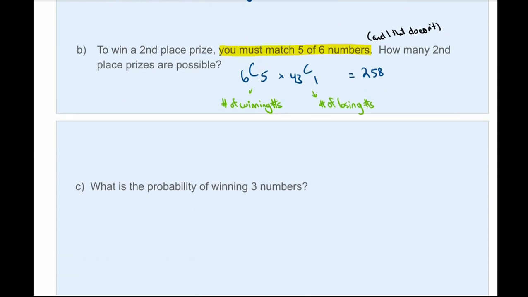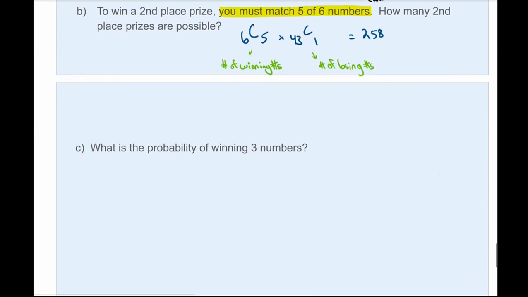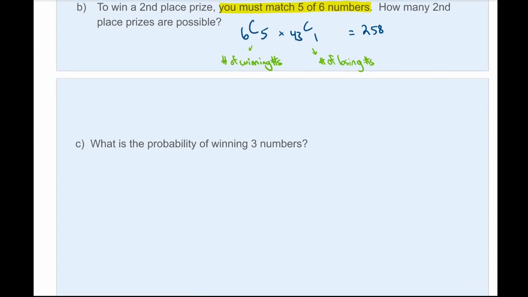What is the probability of winning 3 numbers? So we'll touch on probability a bit now, and we'll come back and look at it later. But again, remember, probability is equal to n(A) over n(S). So we're going to separate it into 2 parts: how many total combinations, and how many winning ways.